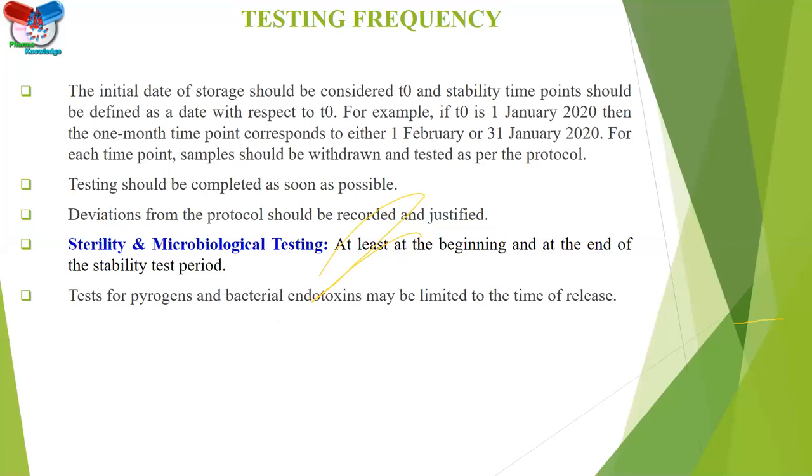So there is a requirement, at least initially and at the end of the stability period, that you should ensure or present your microbiological strategy or status of your product. Tests for pyrogen and bacterial endotoxin may be limited to the time of release. Maybe you can do it at the time of release, but you can do it at the end of stability also, as per the requirement of your regulatory authorities.